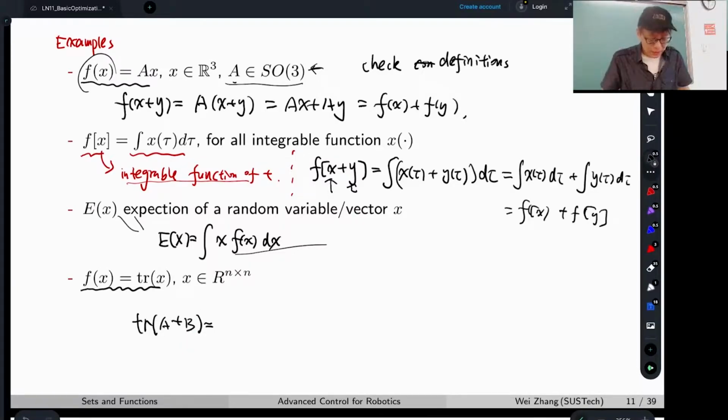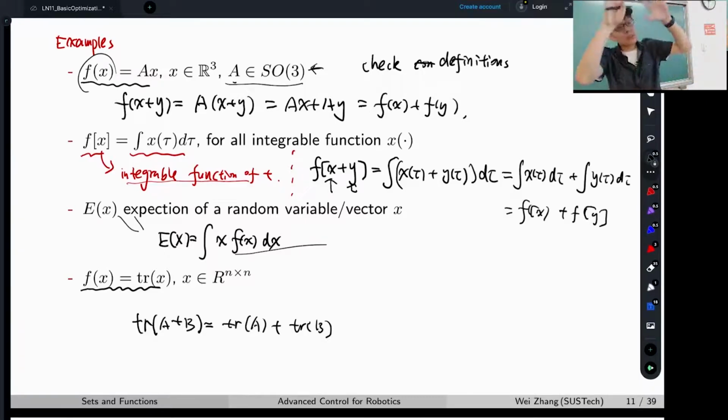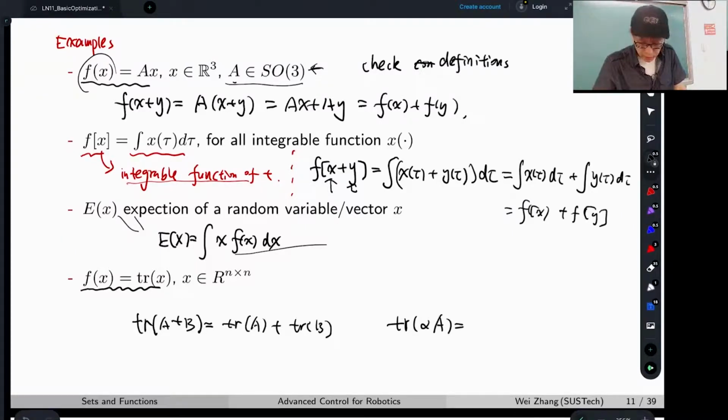Let's say trace(A plus B) equals trace A plus trace B, because trace involves some summation, and summation is linear. Okay, and also trace of alpha A equals alpha times trace A for any scalar alpha. So trace is also a linear function.